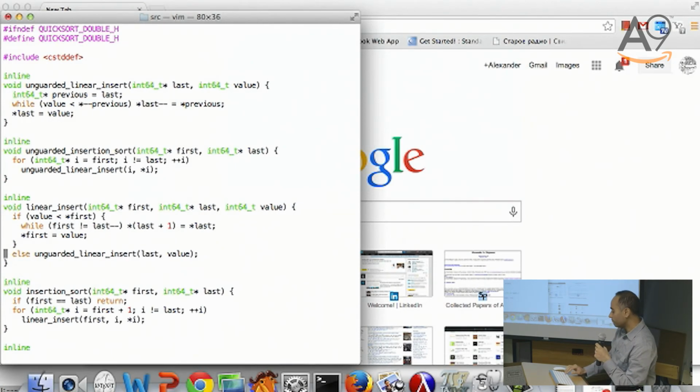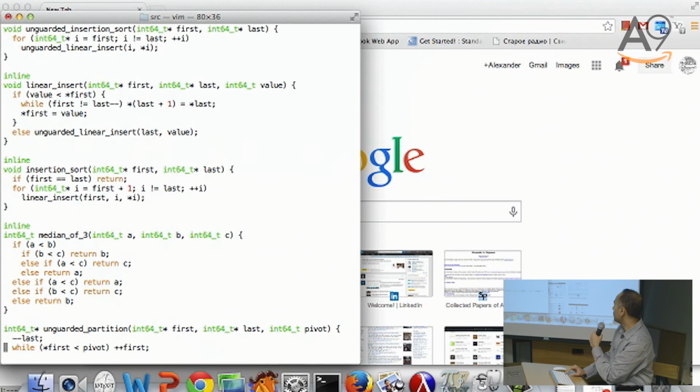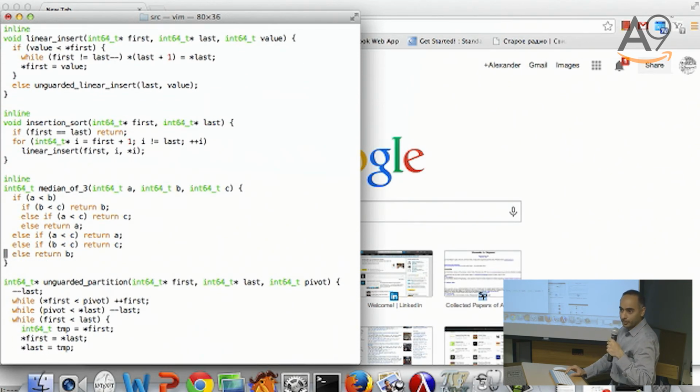There are a bunch of utility functions: an unguarded insert, a guarded insert, an unguarded insertion sort, and a guarded insertion sort. So those are 4 insertion sorts. We also have a function to compute the median of 3 numbers, which is what you need to compute your pivot in quicksort.